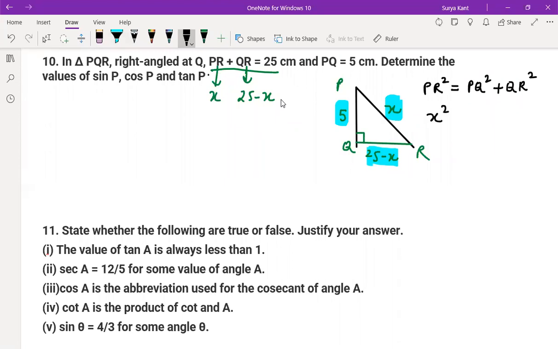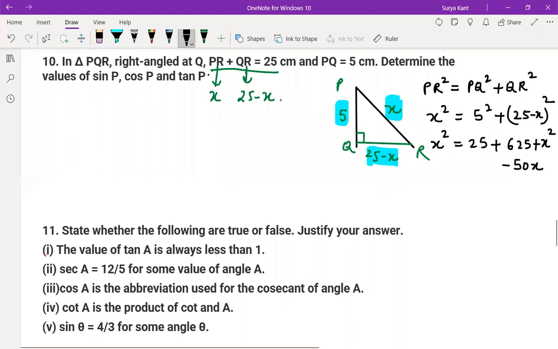X square is equal to PQ, that is 5 square, plus 25 minus X whole square. So X square is equal to 25 plus, using a minus b whole square, 625 plus X square minus 50X.